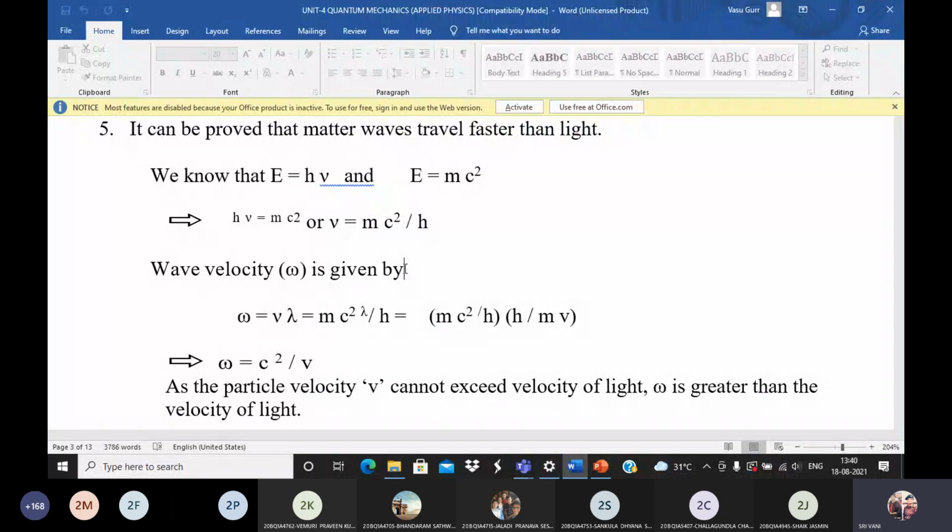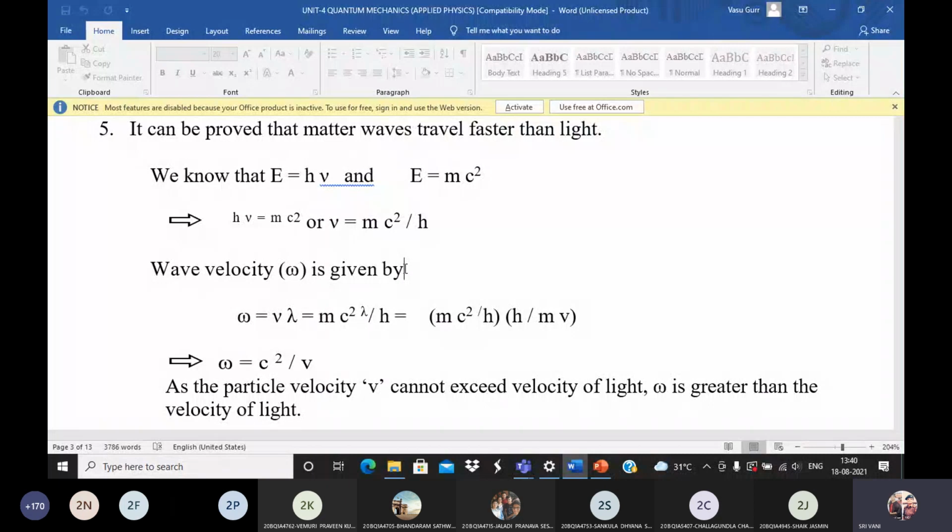So both of these energies create the relation, and they give the frequency. E is the energy of the particle, and another relation explains about the mass of a particle.